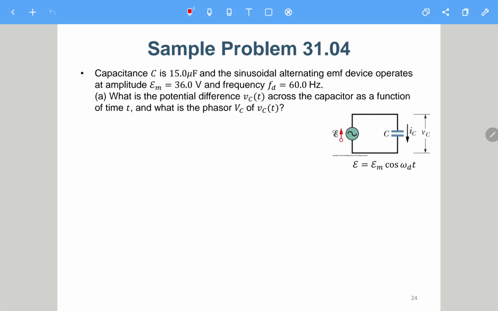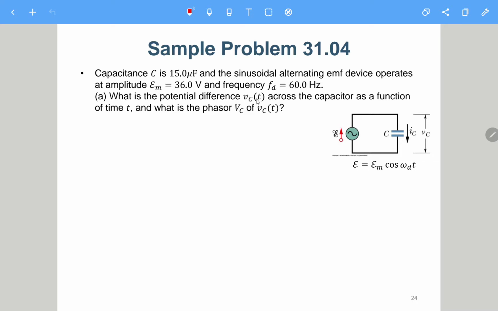Okay, so the next sample problem is about the capacitor. Here it says capacitor C is 15 microfarad, and the sinusoidal alternating EMF device operates at an amplitude E_m of 36 volt and frequency f_d of 60 hertz.